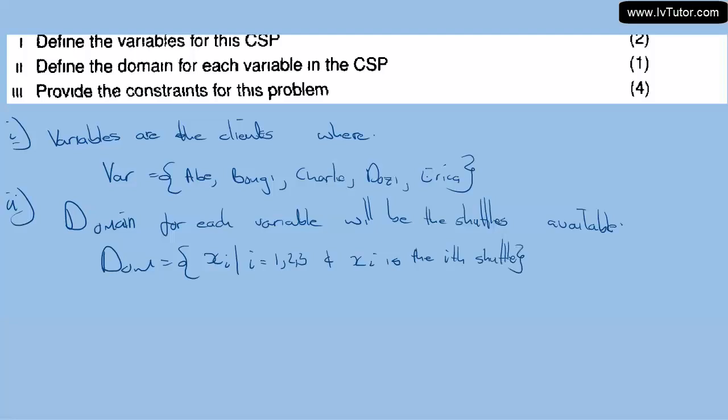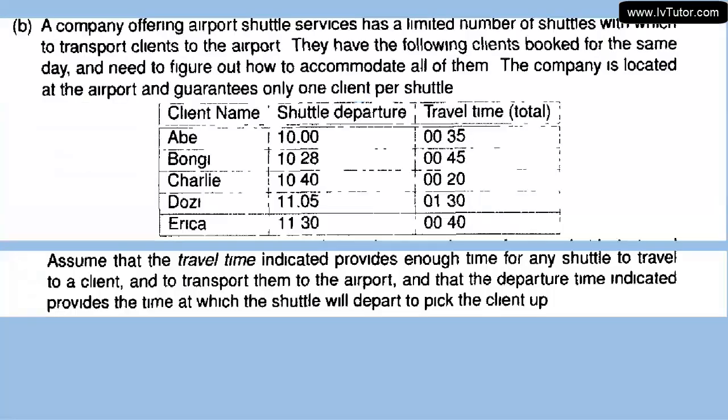Right. Then lastly, it says provide the constraints for this problem. What are the constraints for this problem? The departure time only, or including travel time. I don't know how we can add them together. So we're saying that the shuttle availability becomes a constraint, right?